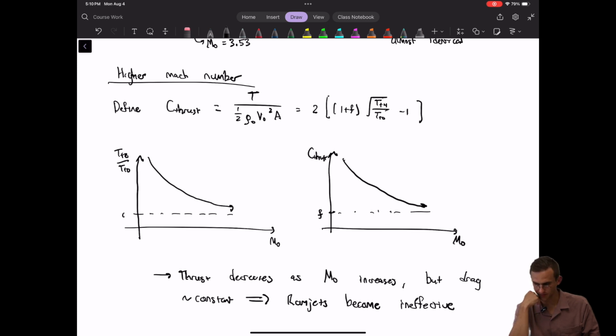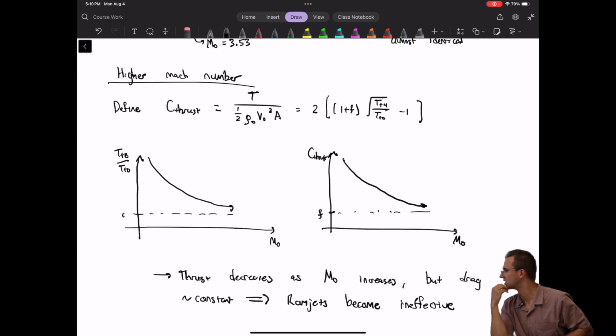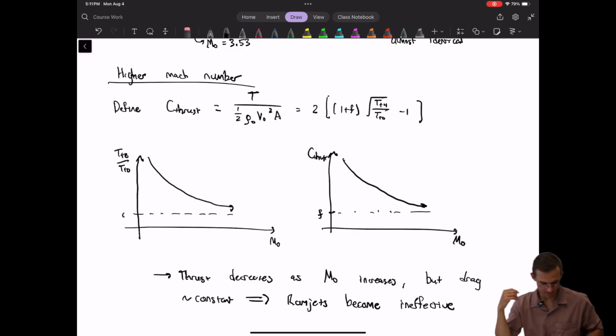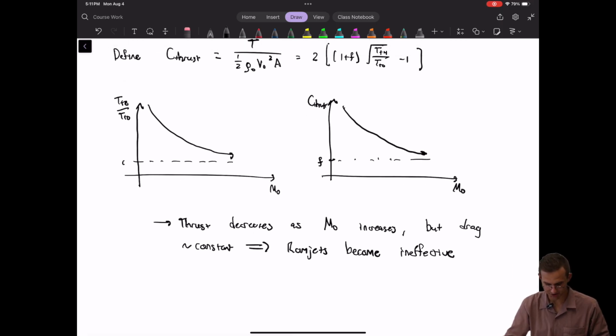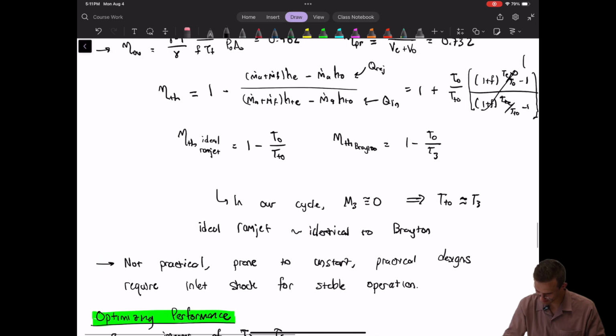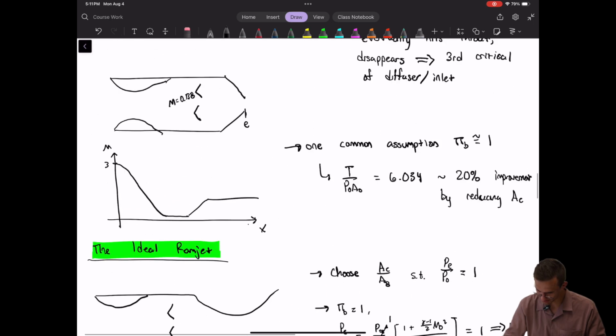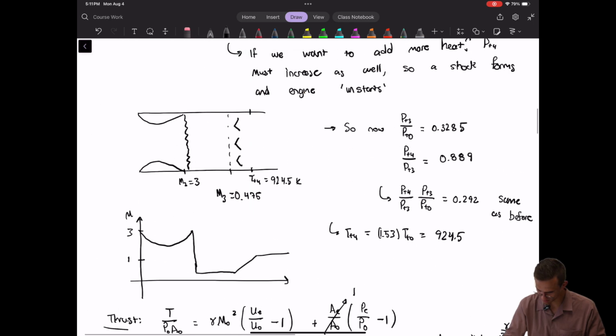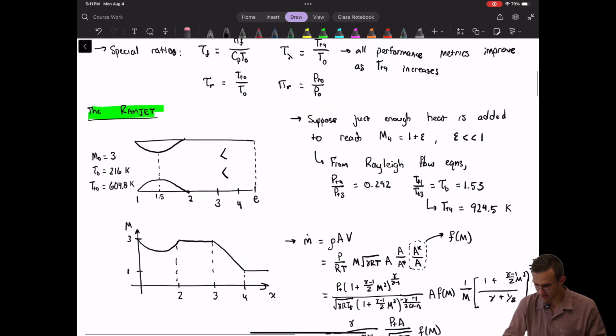Next time I think we're going to look at the turbojet. That should be interesting, bringing in some more complexity into the energy balance there. Hopefully this was relatively enjoyable or understandable.